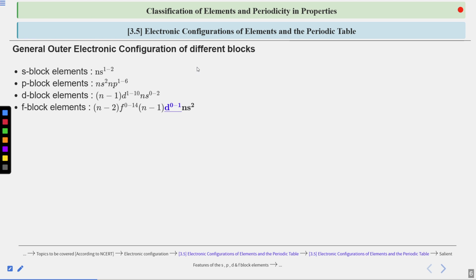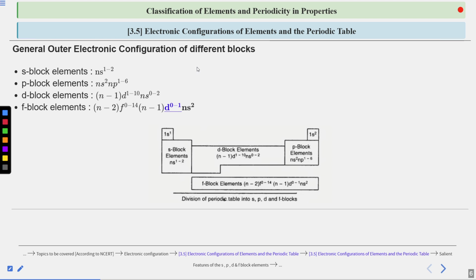Now in the case of F block element, there may be a chance that there are no electrons in the F subshell, and the D electrons will not exceed the value of 1. Whereas your S subshell will be completely filled. So this is important to remember.